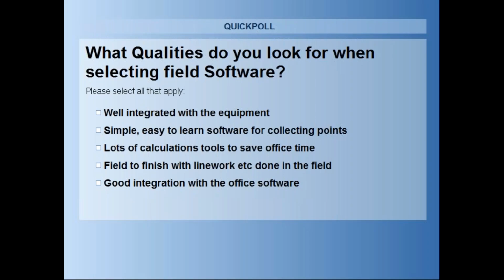Let me launch that poll. You can select more than one option if you like. I know that we have different types of companies that have different types of needs, so I'm really interested in hearing what the mix is.